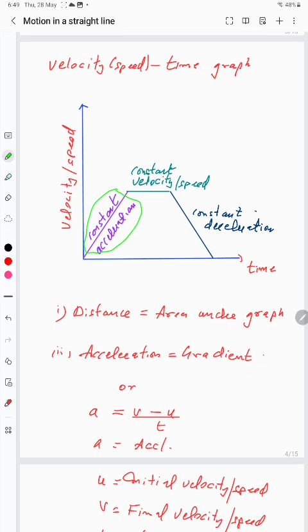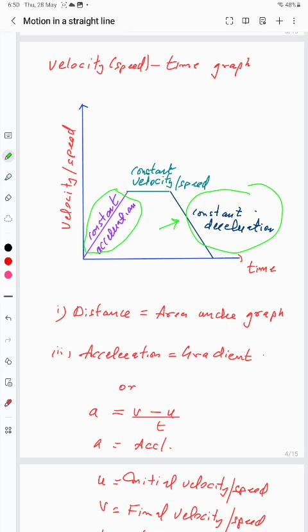A horizontal line represents constant velocity or speed. A line with decreasing gradient represents constant deceleration. So this is deceleration. It's a straight line, so it is constant deceleration.